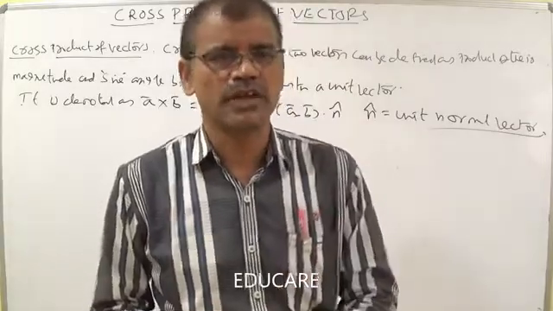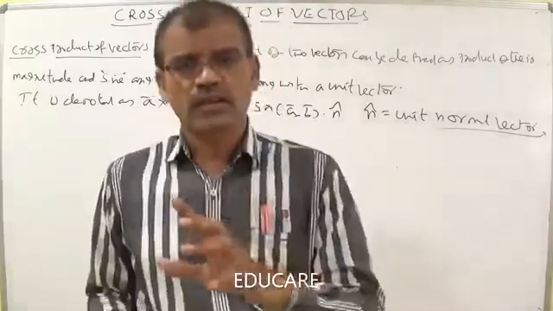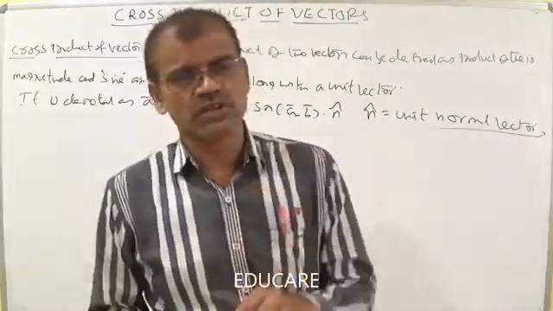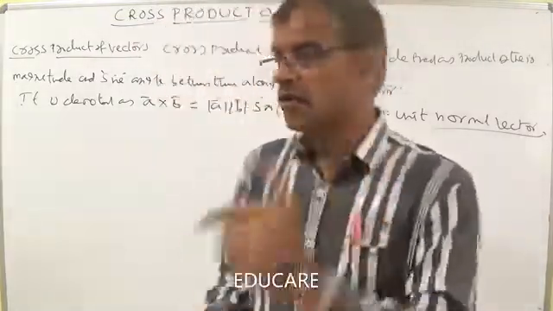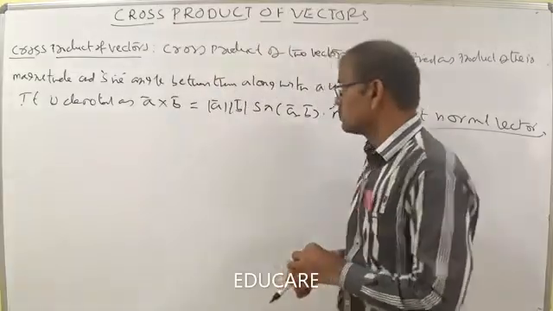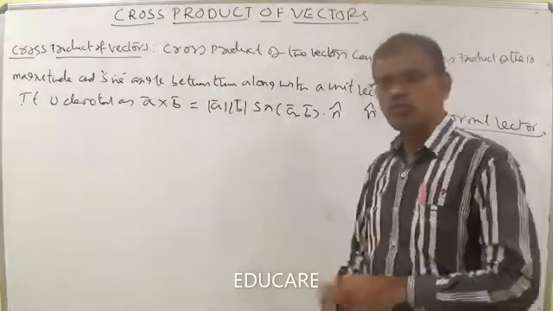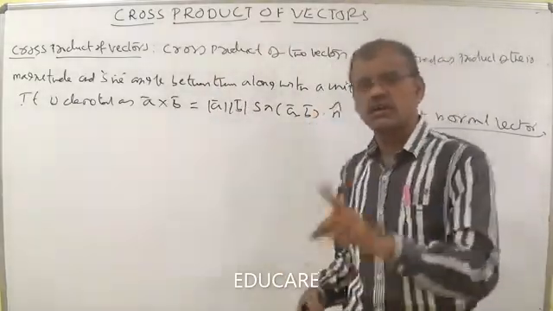Here it is not a number; you get something like 3i plus 4j minus k, or 2i minus j plus 5k. A vector is the answer. So we multiply two vectors and get a vector.